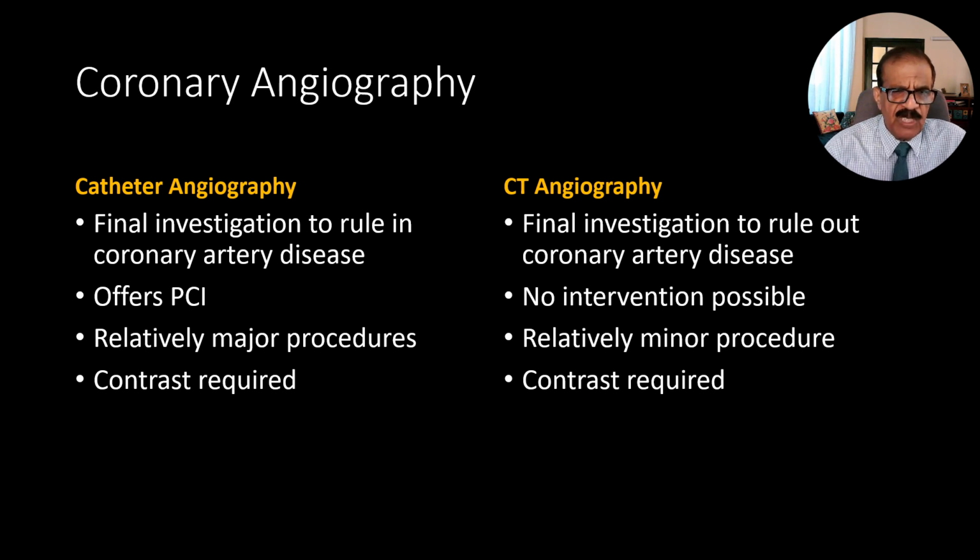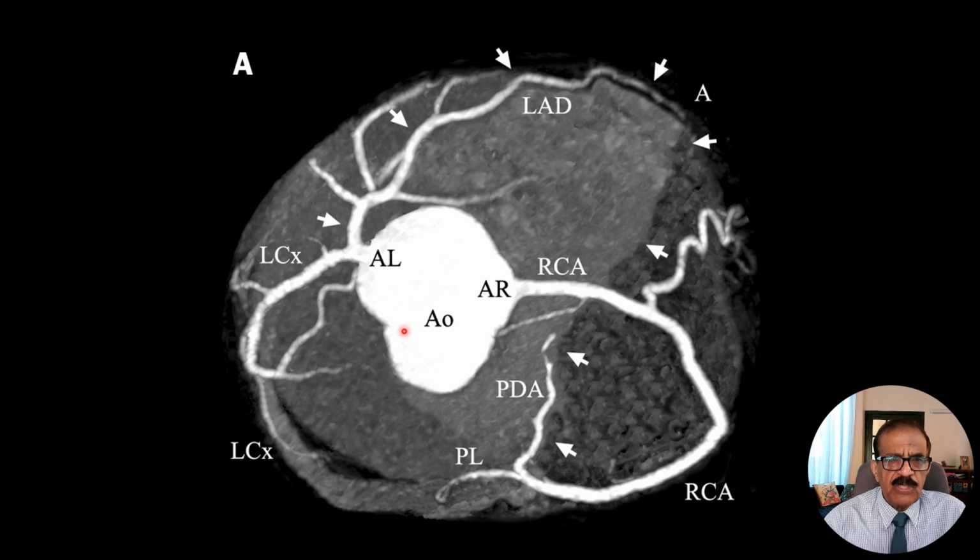Now just a few images. This is the normal anatomy of the coronaries on CT angiography. You see this is the aorta and this is the right coronary artery, very nicely outlined, and the branches. So no stenosis, maybe this one, there is a little stenosis here at the arrow, but otherwise this one is okay.